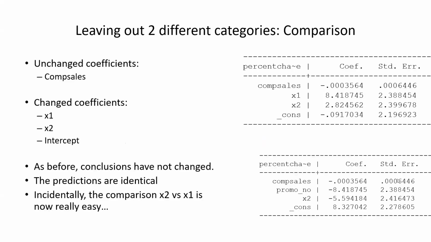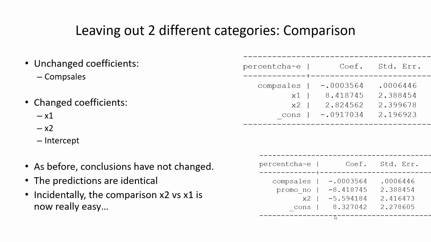What is affected are the indicator variables themselves, which have different values, right? The one they have in common is x2, which is here 2.8 and there minus 5.5. And the constant also has different values in those 2 regressions.